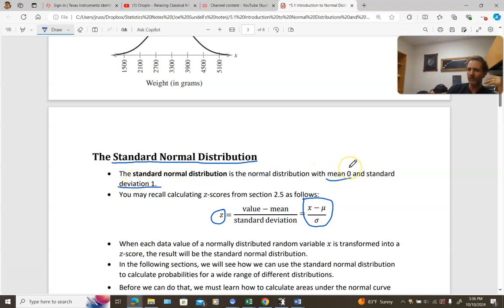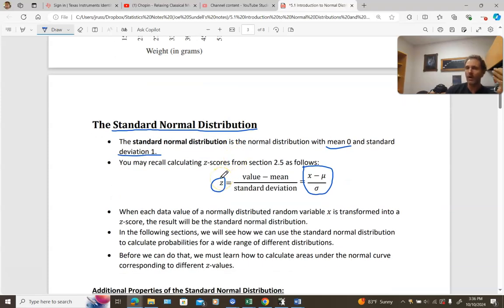But when we convert everything into a z-score, then the distribution of these z-scores we say is normal, and we call it a standard normal distribution. Okay, so a z-score of 0 means that that particular value is not above or below the mean. It is the mean. And then any z-score that's positive would be to the right of the mean, and any z-score that's negative is to the left. So the standard normal distribution itself is actually the distribution of z-scores, okay, from any other normal distribution.